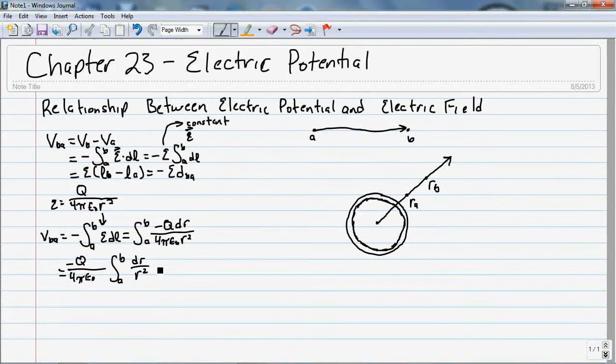And that's just equal to q over 4 pi epsilon naught times the negative, and then I'm going to have the resultant negative 1 over r from A to B.